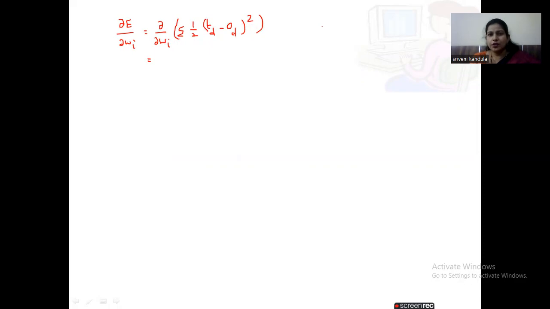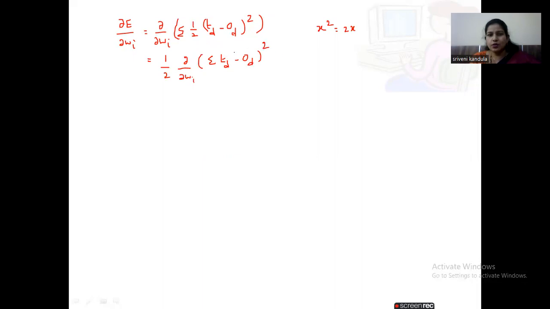If you remember, the derivative of x square is 2x. So let us take the constant outside and rewrite this as half ∂/∂Wi sigma (Td minus Od) whole square.